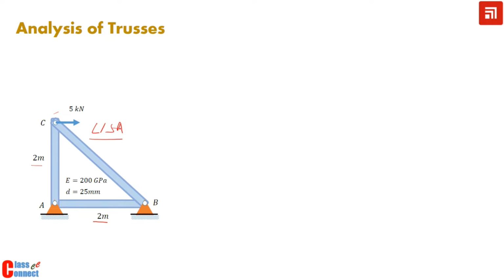So let us first understand the basic concept that we have discussed in the theory of the trusses. If we have to analyze the trusses using finite element method, the general element for truss is represented by this, where the forces are acting at node along x and y axis, and the displacements are also along x and y axis.